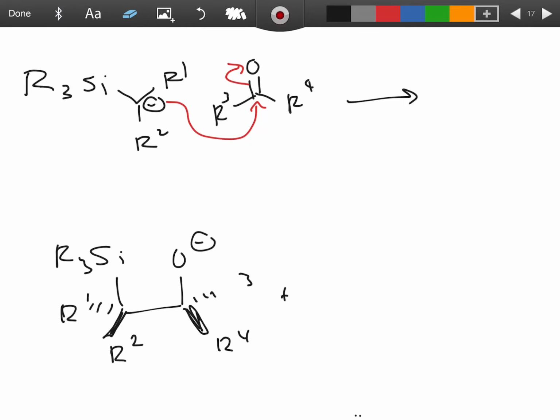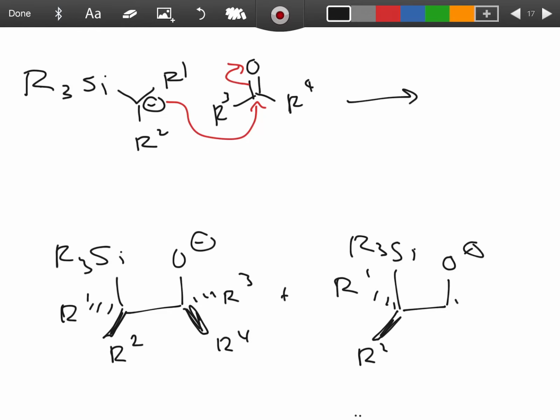Man, my handwriting just went in the dumpster right now. Where you're going to have the diastereomer where R2 and R3 are on the same side. Right? So I get these 2 diastereomers.